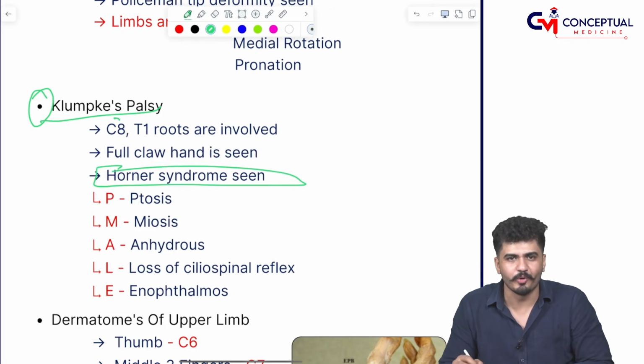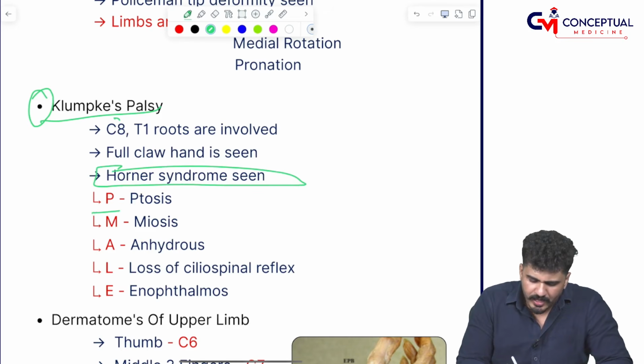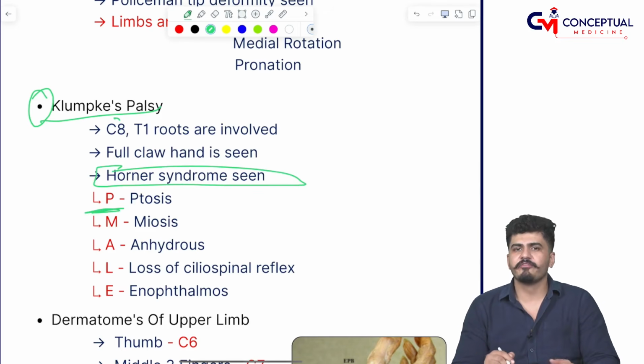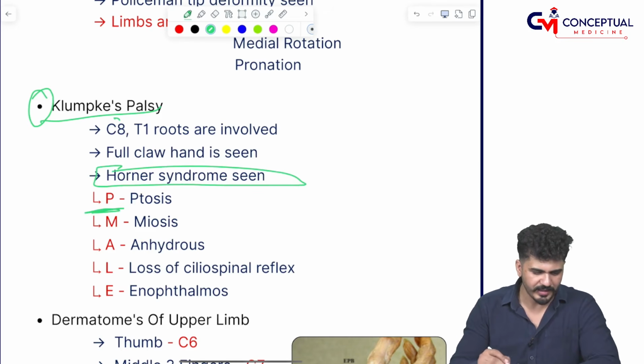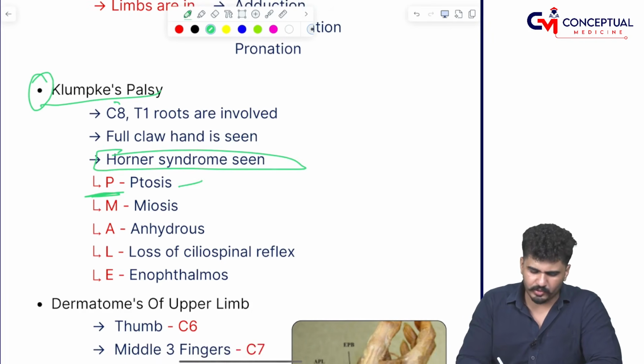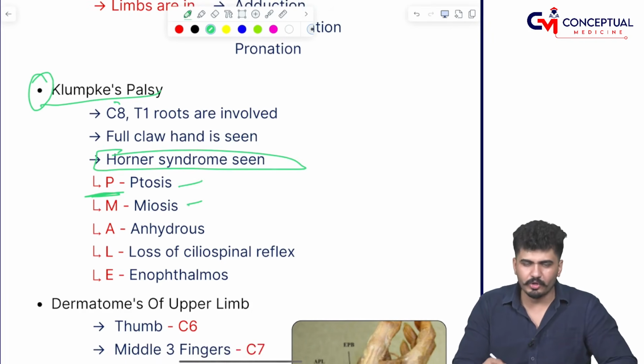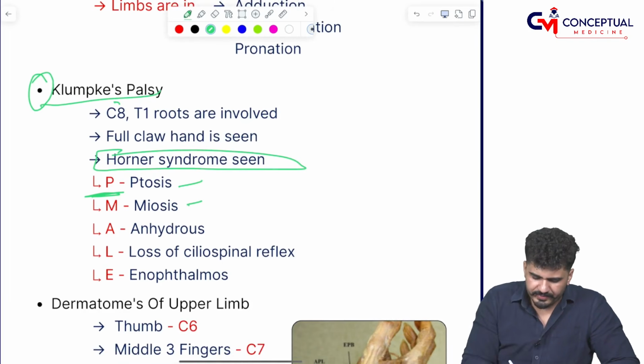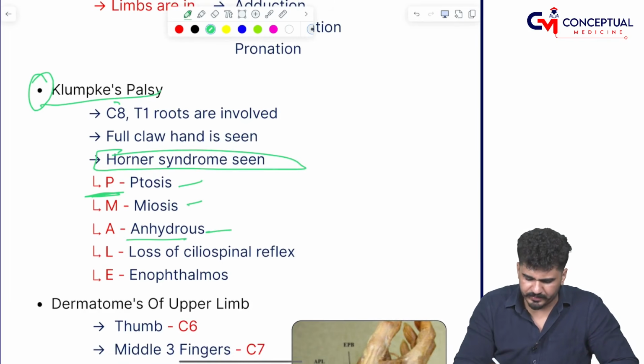And a very famous mnemonic to remember Horner syndrome is P-MALE. Female nahi, P-MALE. ठीक है, चलो. P stands for ptosis, dropping of eyelid. Miosis, shortening of pupil. Then anhidrosis, meaning loss of sweat.